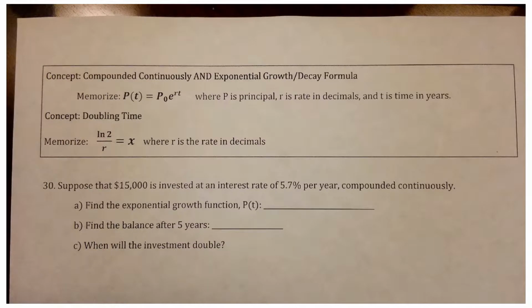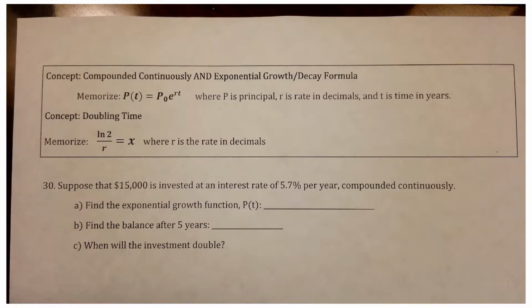This is many times used in business and allows us to understand how we can double our money and how much money, how long it might take us to accumulate a certain amount of money.